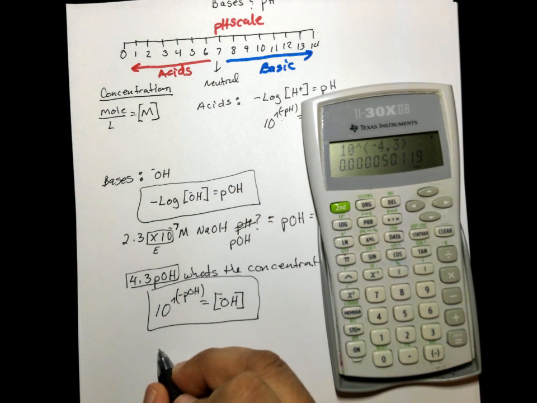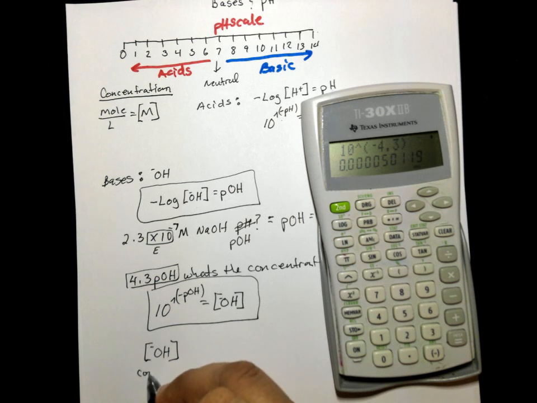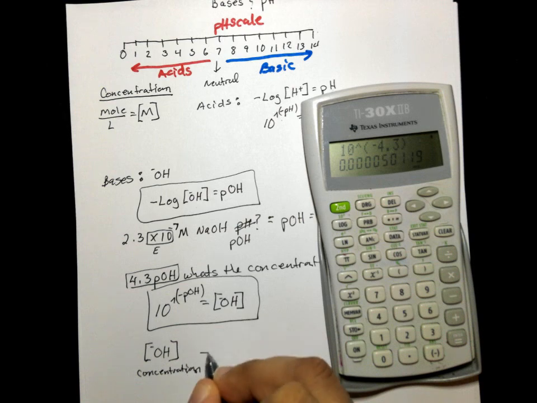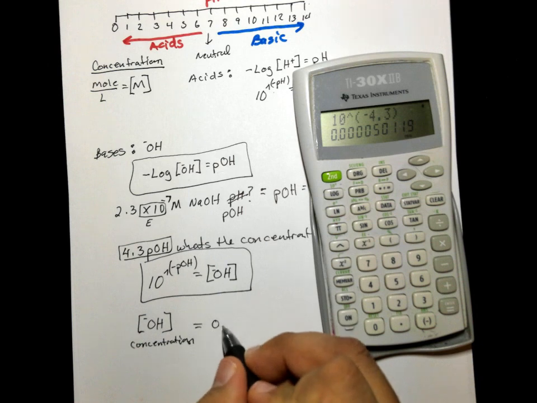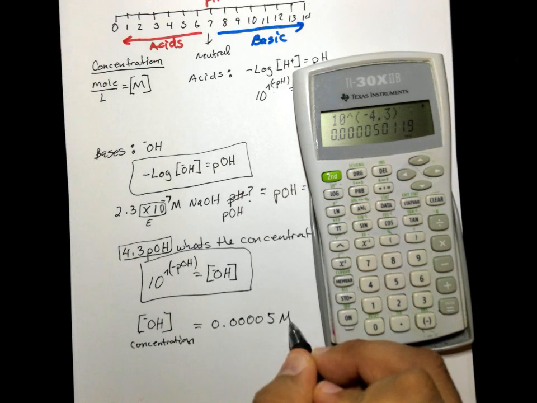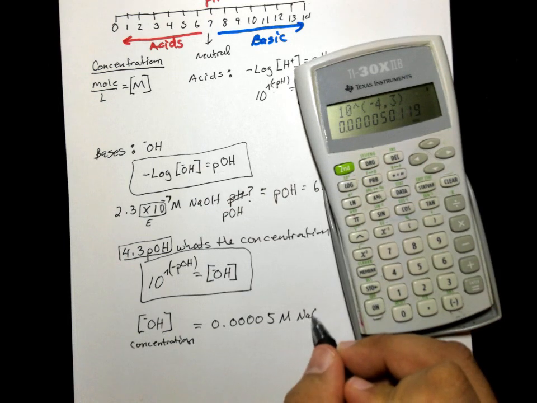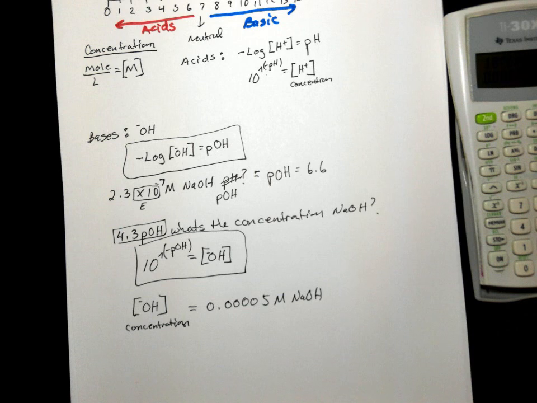So I'm going to write this down. My OH concentration is equal to 0.00005 molar solution of NaOH. Okay, there you go. Now, that's a lot of zeros there.